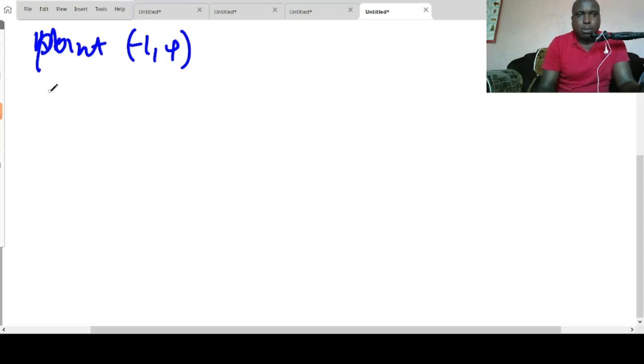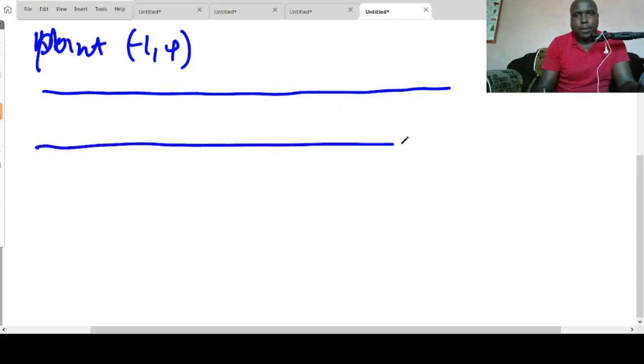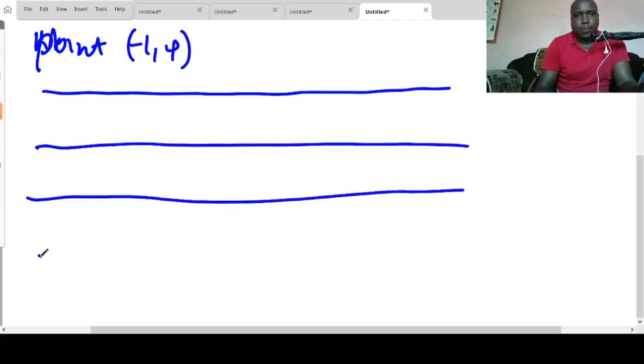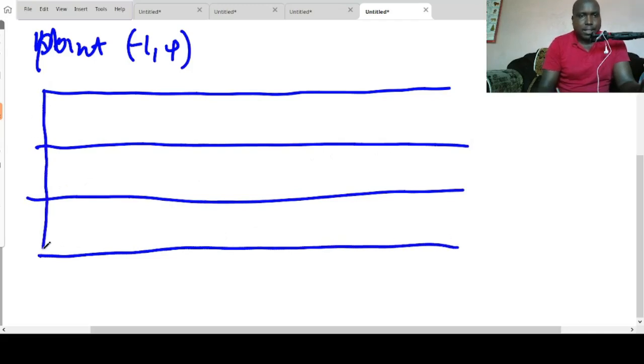So you draw a table with 3 columns. It is a simple table where we have the value of x, the next row is dy over dx, and the next one is the diagrammatic representation, that is the nature of the shape.